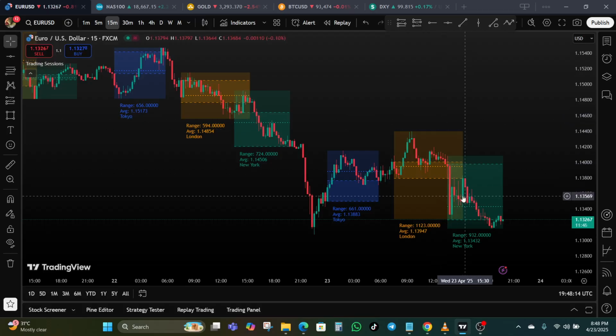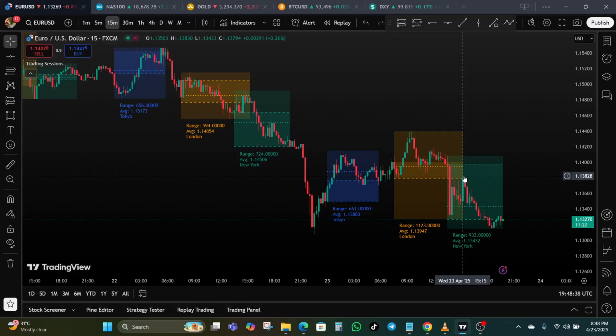After the London session closes, the New York session usually slows down. Unless there is major news, liquidity drops and spreads widen.